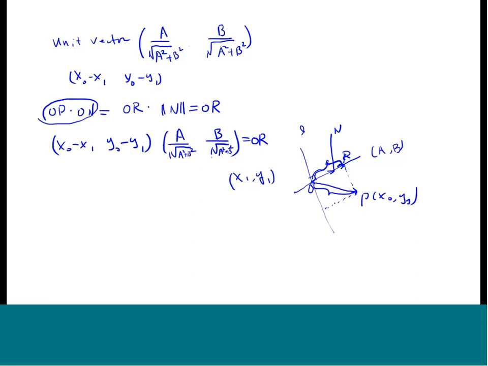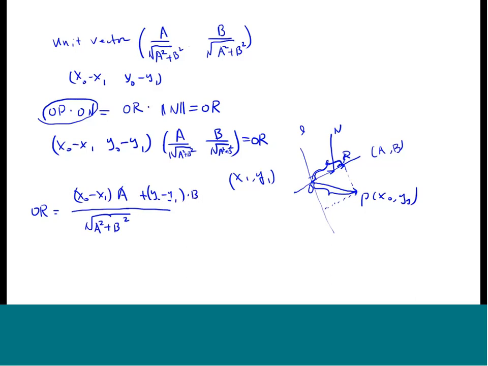The next thing, you need to simplify it to get OR equals, remember it? So the dot, you get the square root of a squared plus b squared in the denominator, then x0 minus x1 times a, plus y0 minus y1 times b.